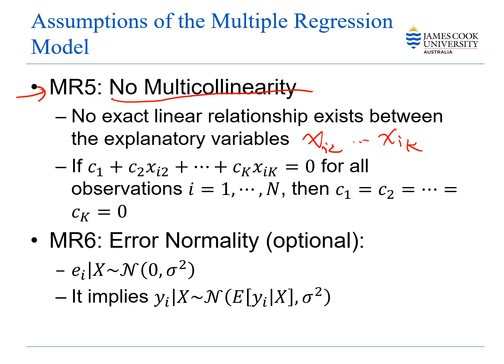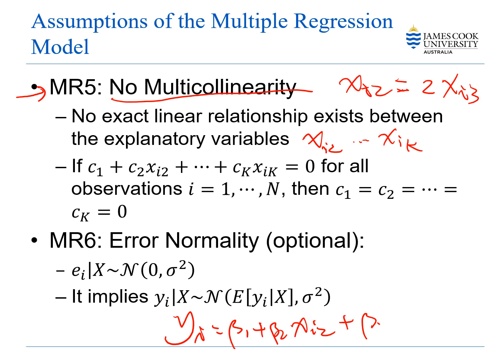Let's suppose, to see this, that xi2, the second explanatory variable, is twice the third explanatory variable. Now our model is yi equal to beta 1 plus beta 2 xi2 plus beta 3 xi3 plus until beta k xik plus ei. So if this is exactly twice of this, then we can actually plug in this.